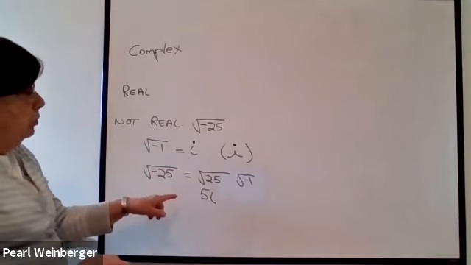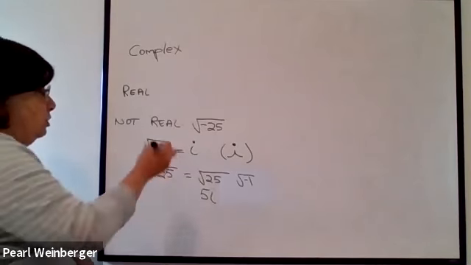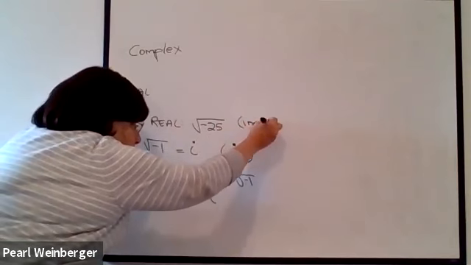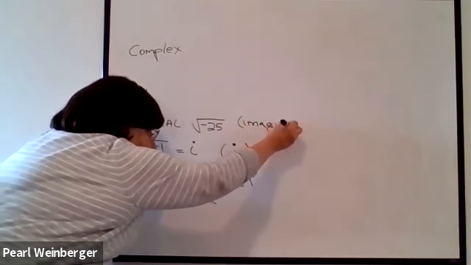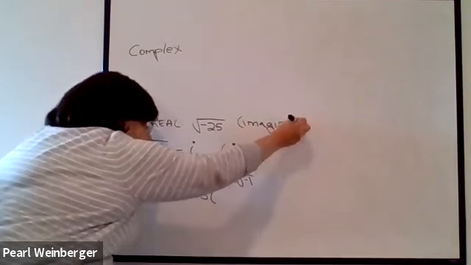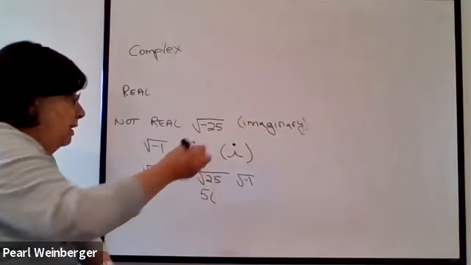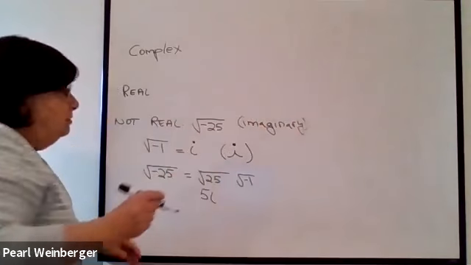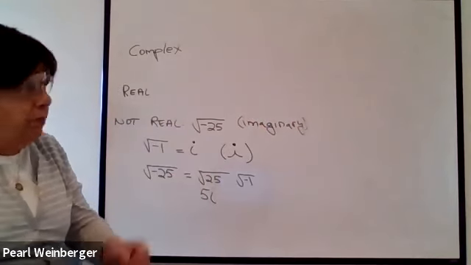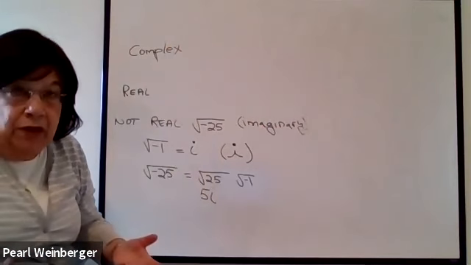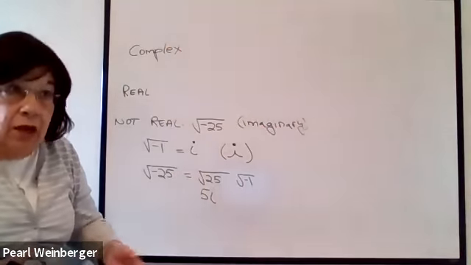We sometimes call these numbers imaginary numbers. That's where the i comes from, the word imaginary. And the only reason they're called imaginary numbers is because we called the original set of numbers we were dealing with before real. So these are numbers that are not real.